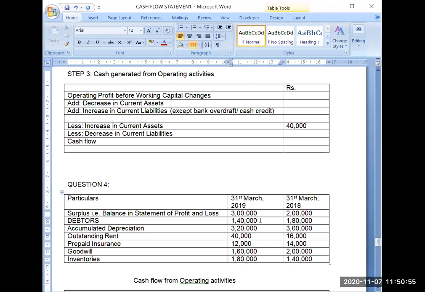In that case, will my cash balance increase or decrease? It will increase.